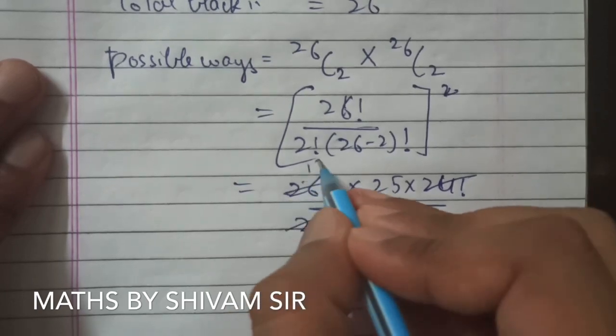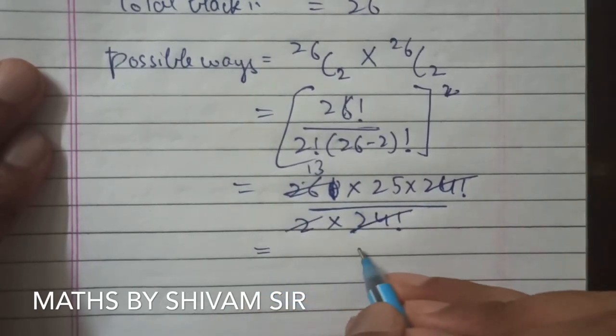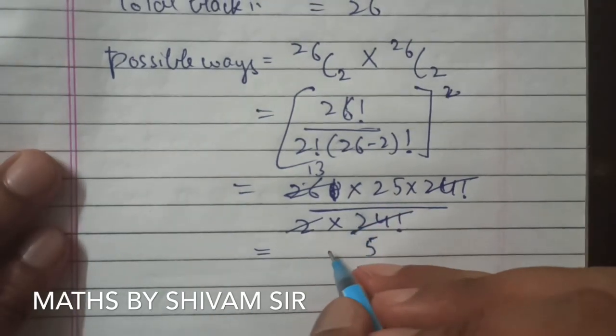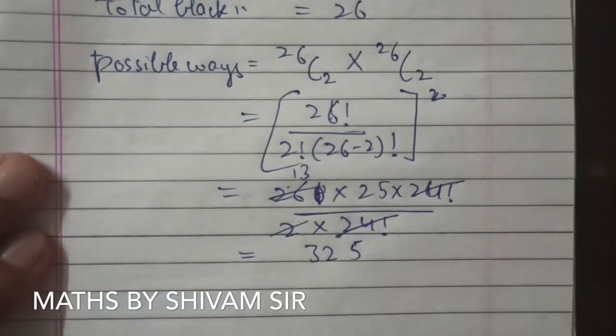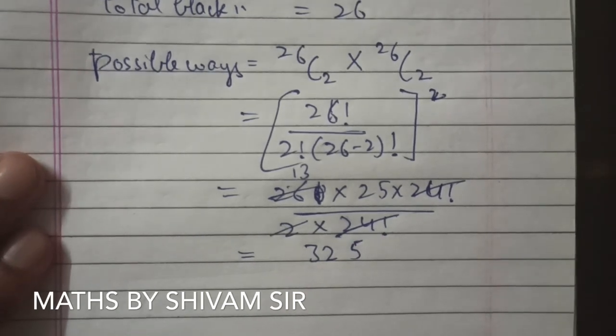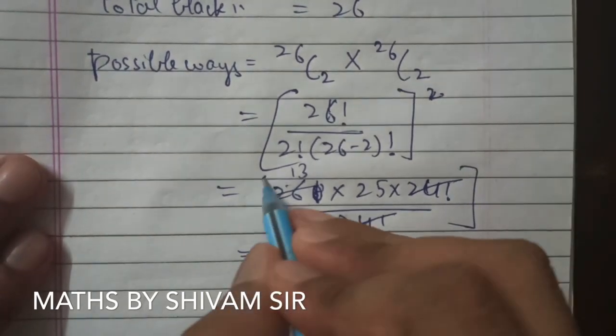This is 13. Now 25 multiply 13 gives 325 possible ways, and we take the square of this, right?